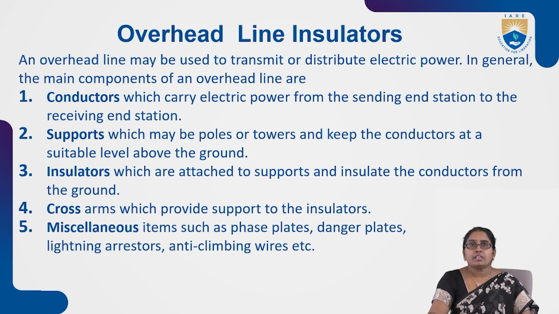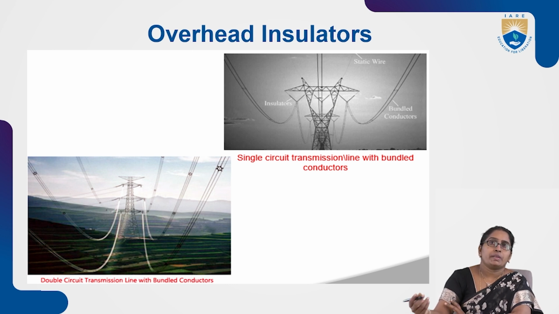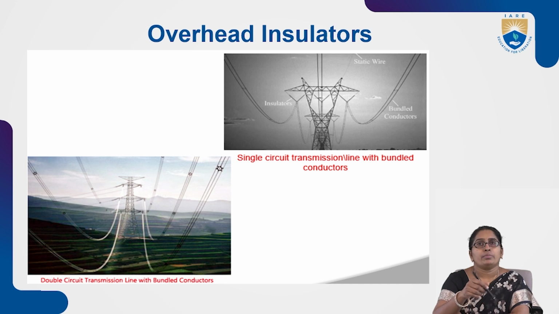For understanding, I will show you this diagram of how the components are. You can see there are two diagrams. The first one above is a single circuit transmission line, and the one below is a double circuit transmission line. Whichever it may be, the components are the same.